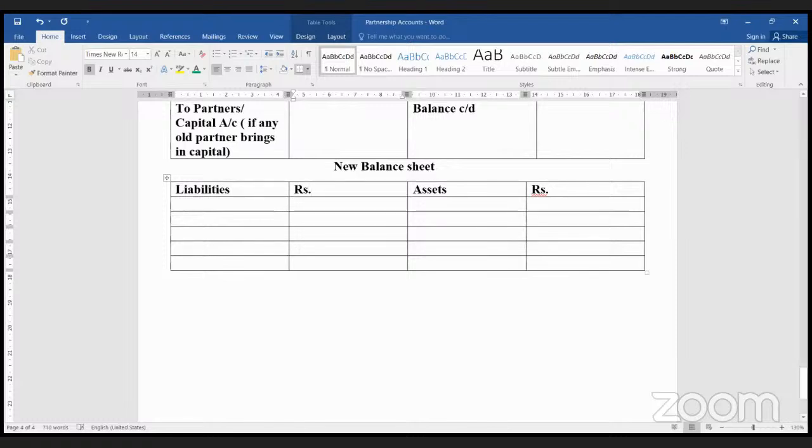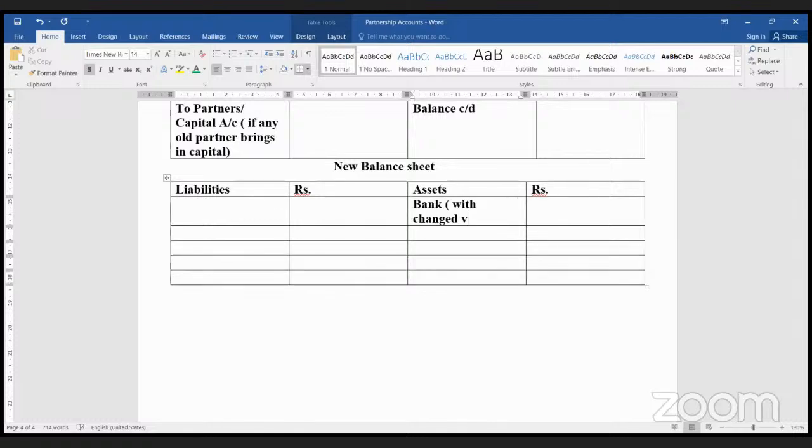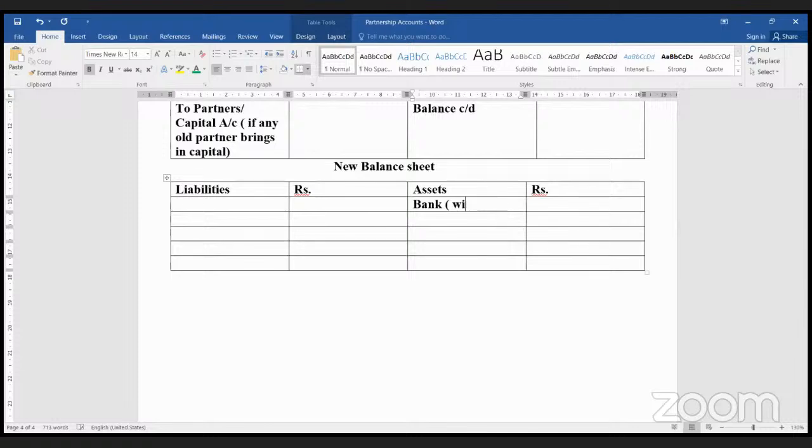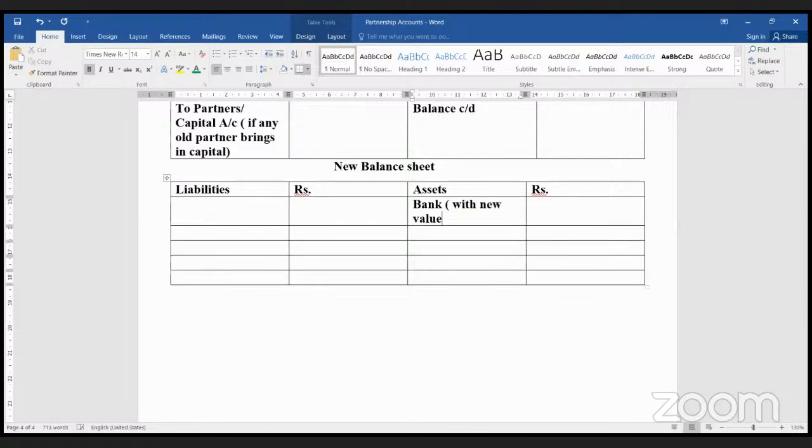The new balance sheet, how do you do it? Bank with the changed value, bank with new value from the bank account.